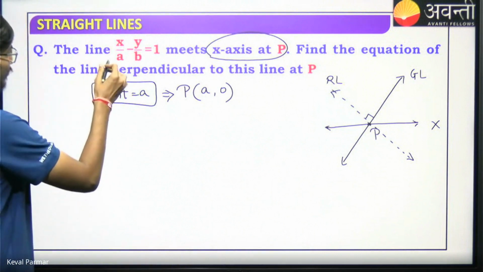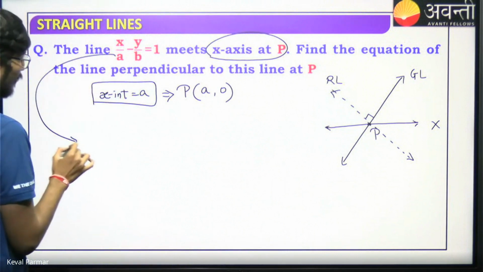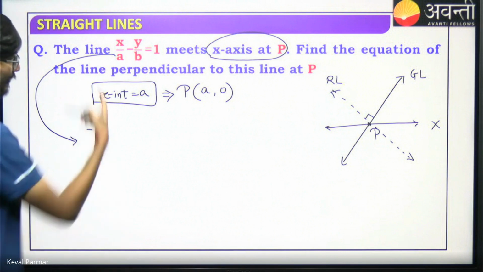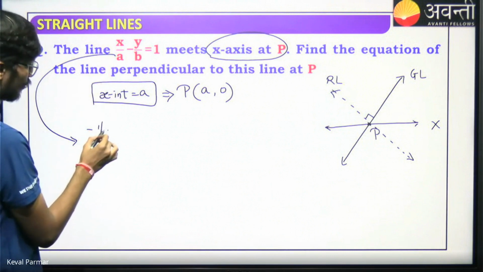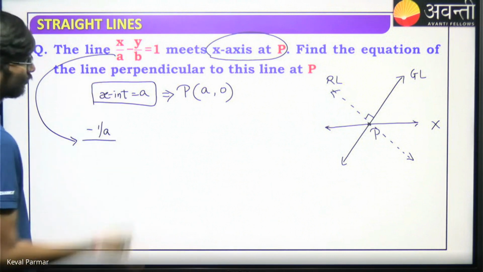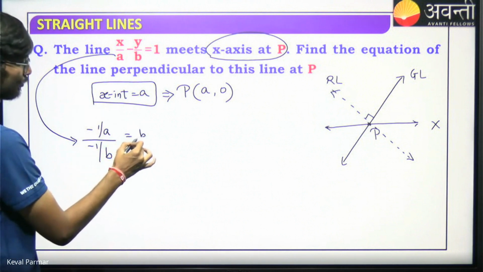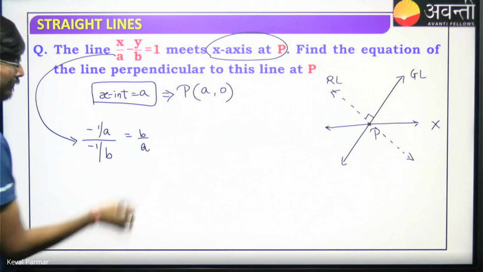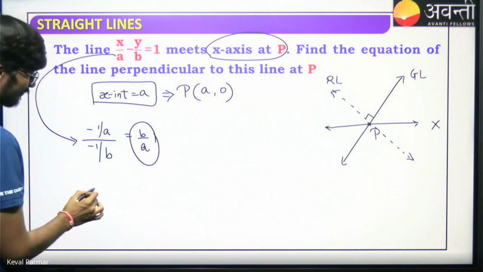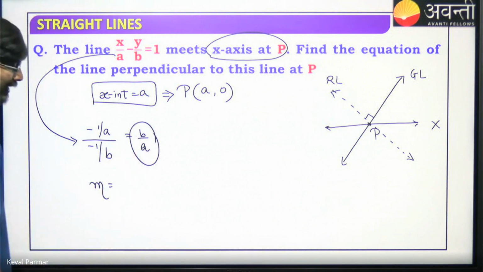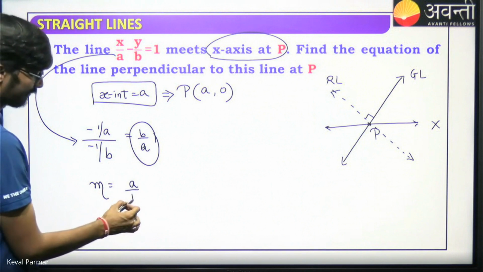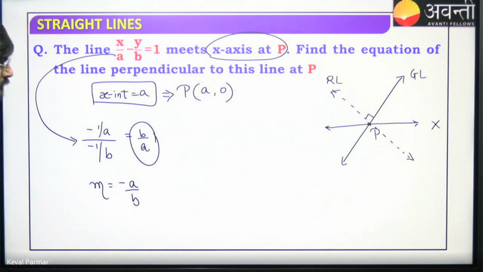The slope will be minus coefficient of x upon coefficient of y, which is minus (1 upon a) upon (1 upon b), which equals b upon a. So the slope of the required line will be the reciprocal of this and negative.